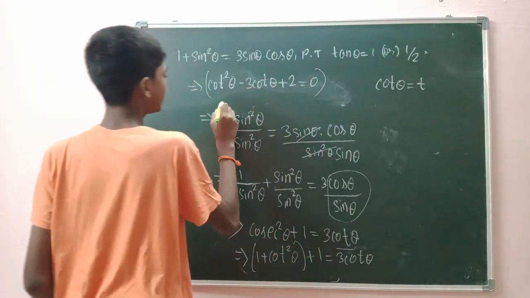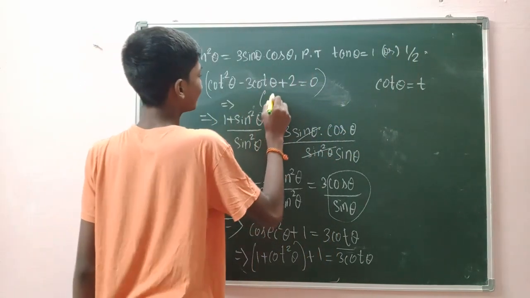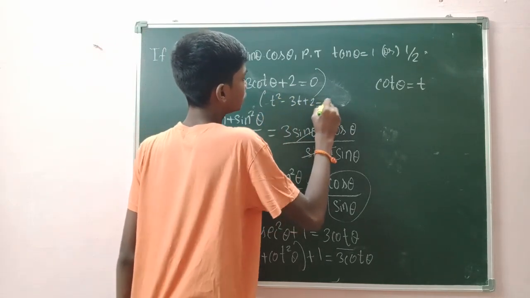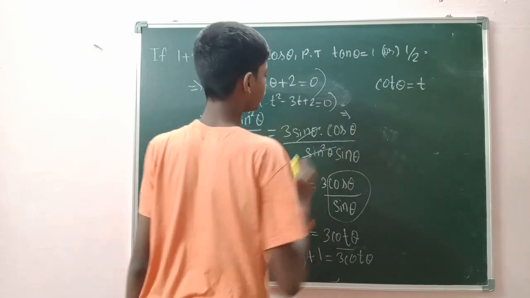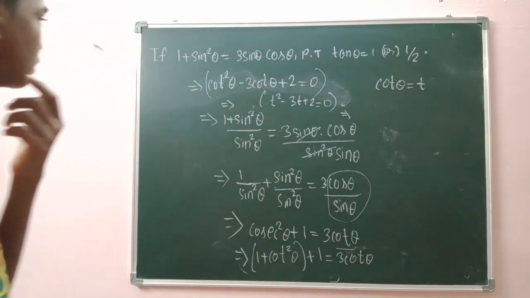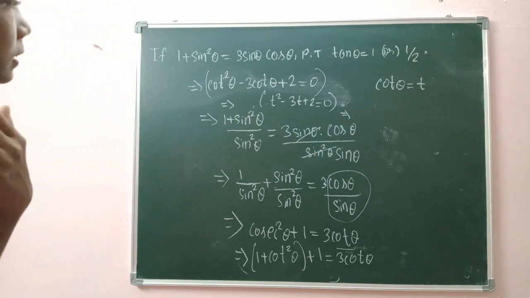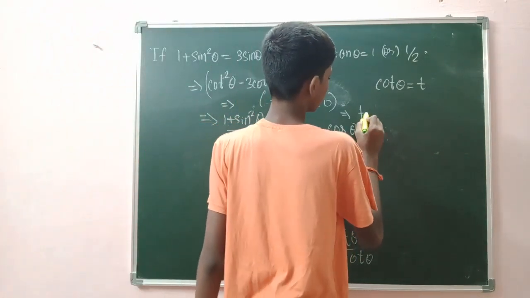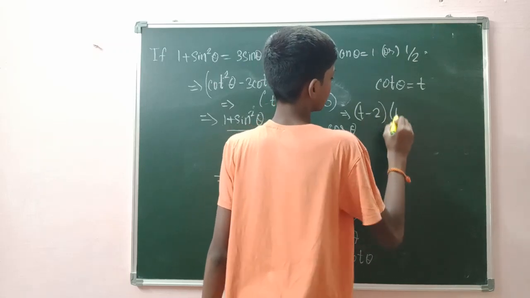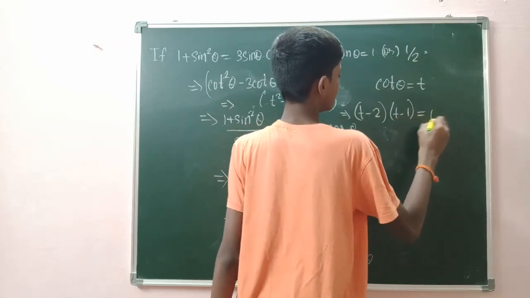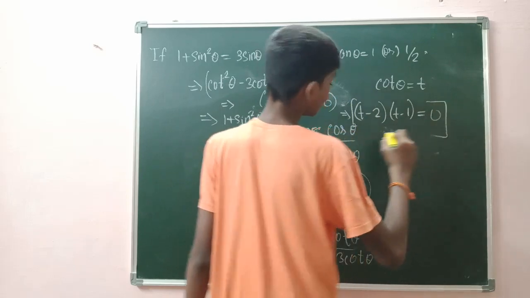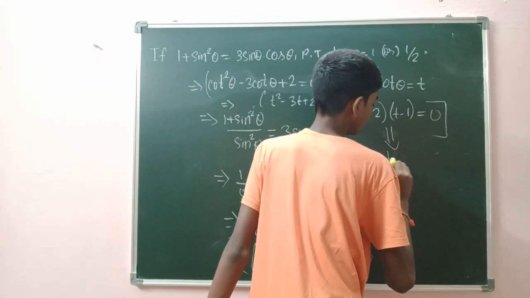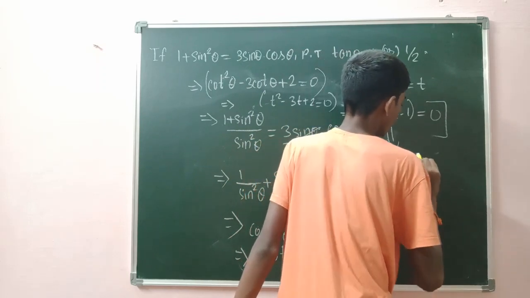Then I can write the same quadratic equation as t square minus 3t plus 2 is equal to 0. How can I write this? 2t minus 2 minus t. So t minus 2 into t minus 1, correct or not? Which is equal to 0. This is the factorized form that I will get. Therefore, t is equal to 2 or 1.